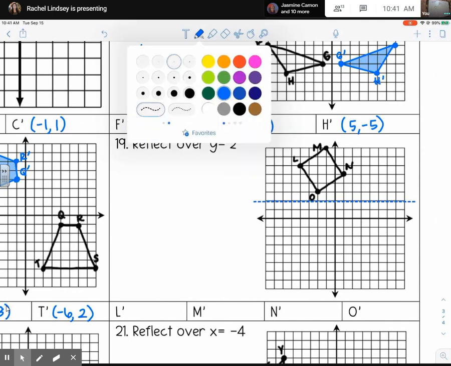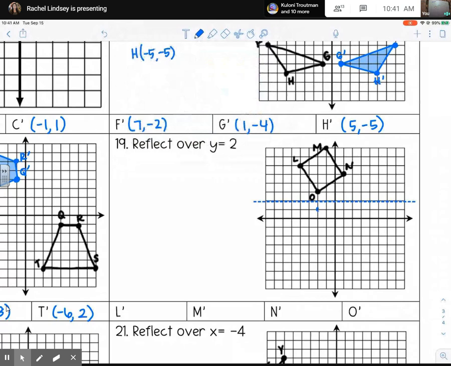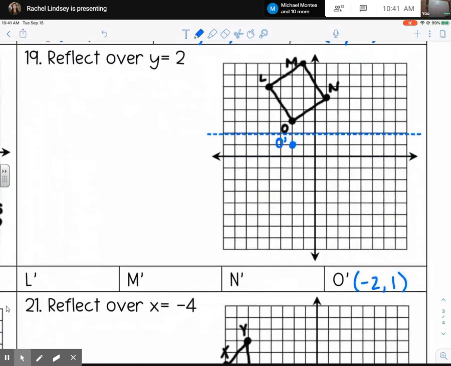And then I'm going to reflect over that. O is one above, O prime goes one below. So O prime is at (negative 2, 1). N is 3 above, N prime will be 3 below, and that's at (1, negative 1).